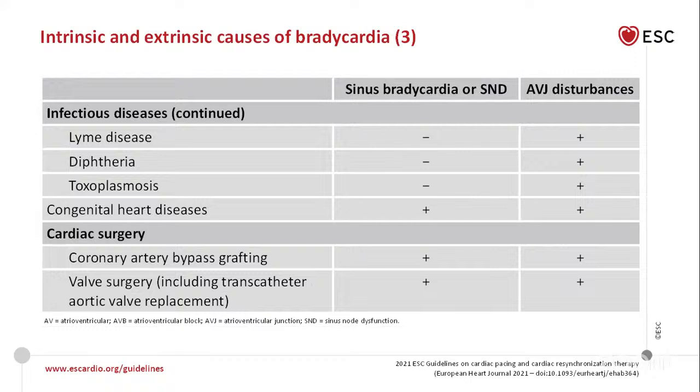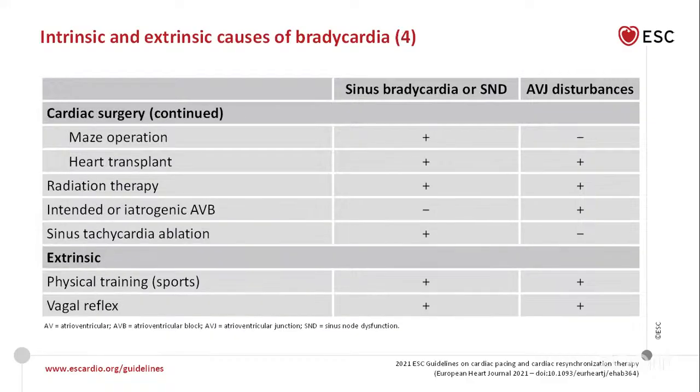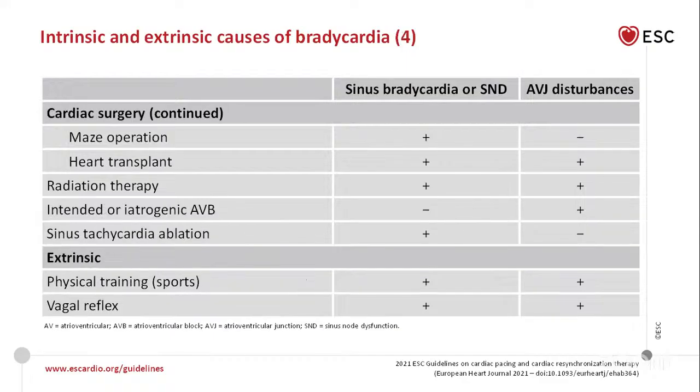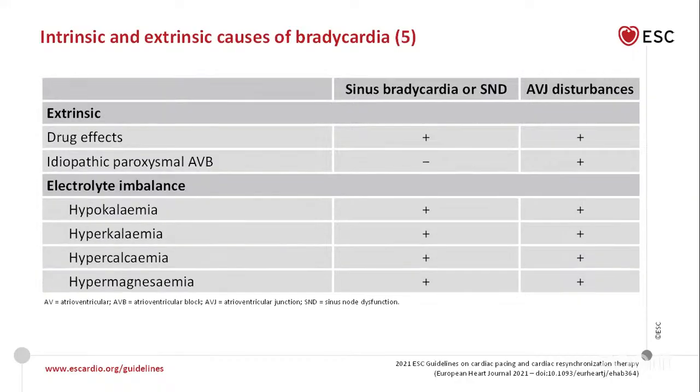Then this can also occur following CABG, for our surgeons, or after TAVI for aortic valve procedures. So for this group of patients after CABG, after TAVI, we must observe them, follow them up, look at their ECG to make sure that they don't come back to us with sinus node dysfunction or significant AV block.